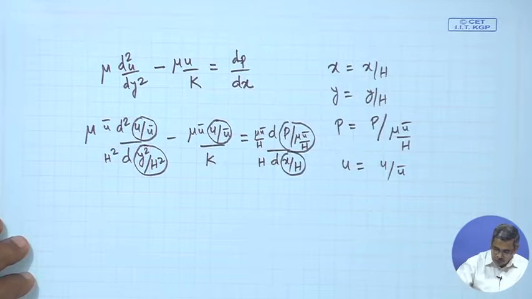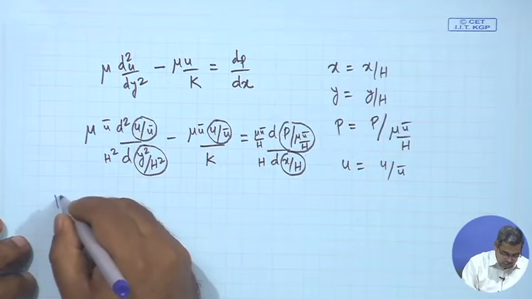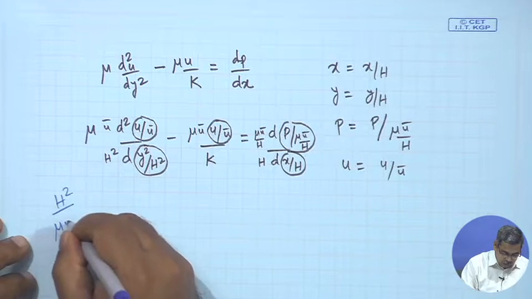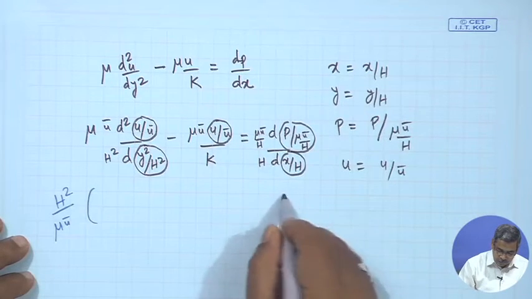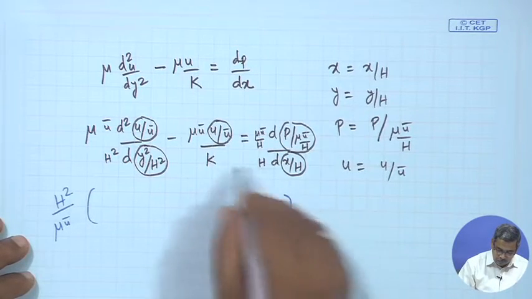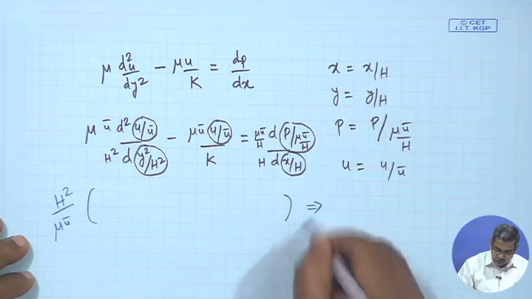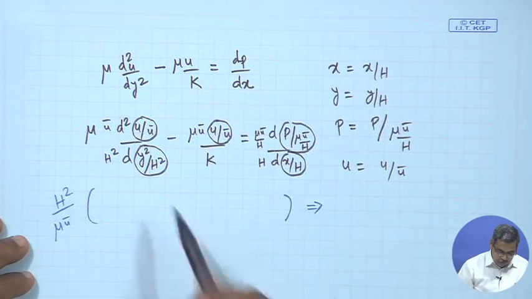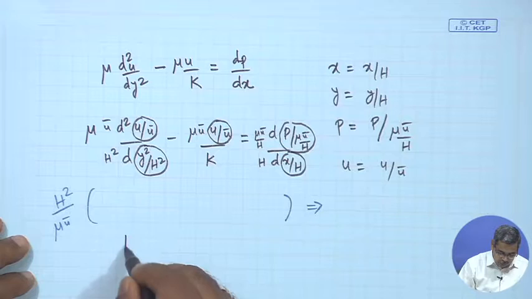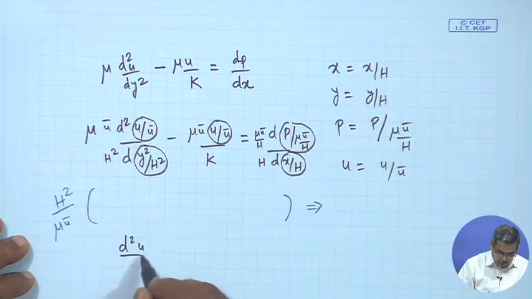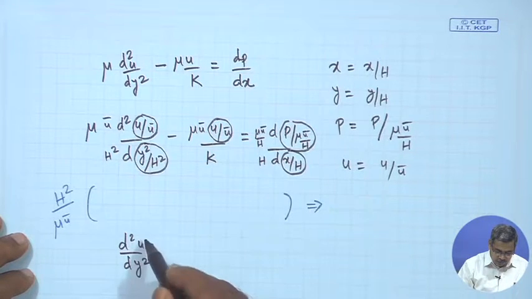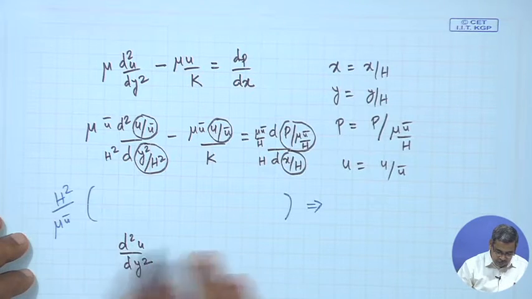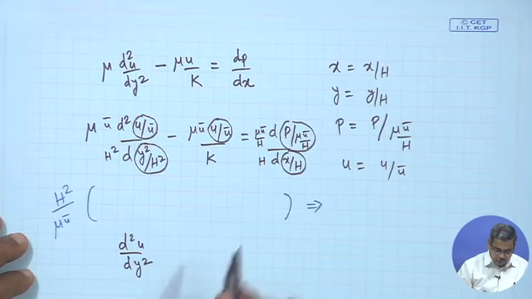That means we are multiplying by h square by μ u bar throughout. So, this equation if you multiply throughout, what we get is the following. Here this will be 1. So, this is a normalized quantity, we could have written primes, but as a notation we have dropped the primes.